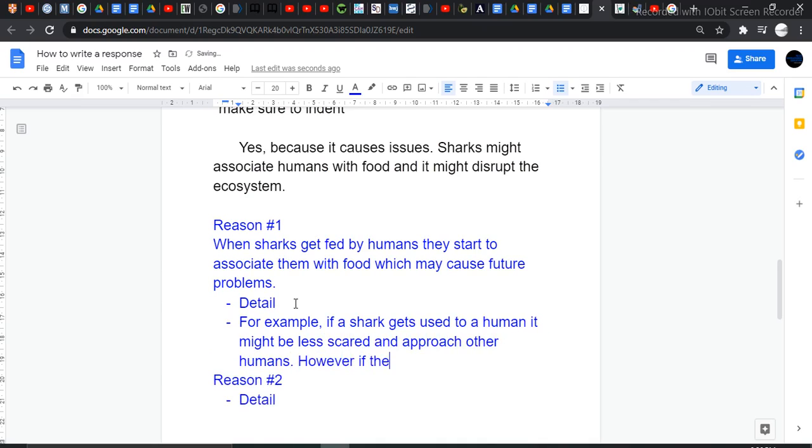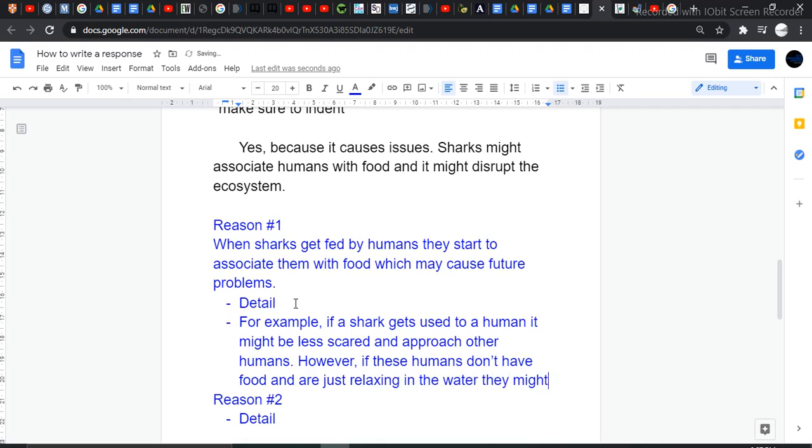However, if these humans don't have food and are just relaxing in the water, they might be shocked to find a shark rubbing up against them, and this could lead to a shark attack.